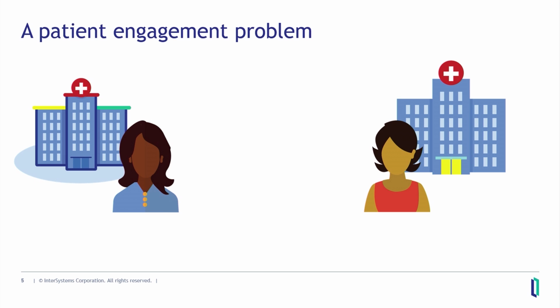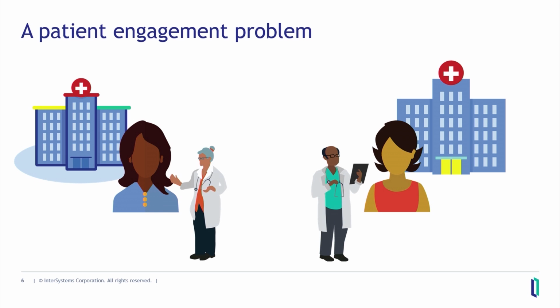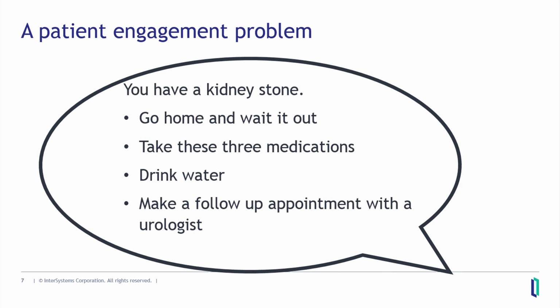So they both go to the ER, and the doctors tell them exactly the same thing, and they're both told they have a kidney stone. It's a small one. They just have to go home and wait it out, let it pass through the system. They're given medication prescriptions, and they're told to make a follow-up appointment with a urologist.